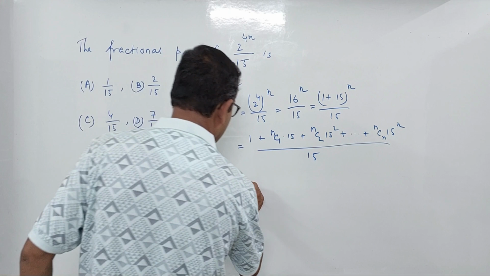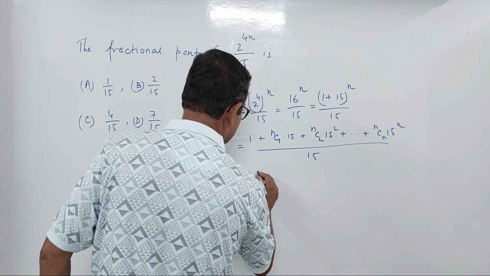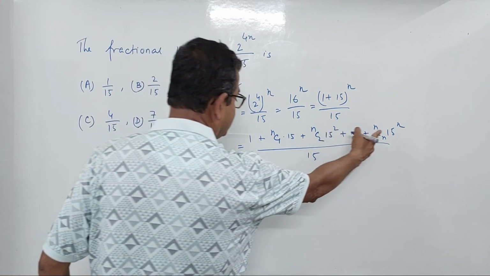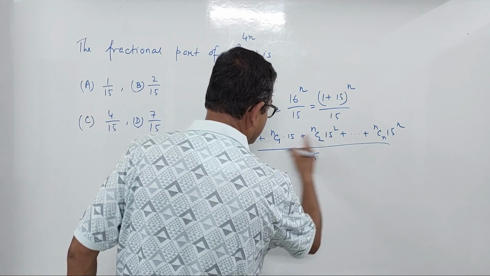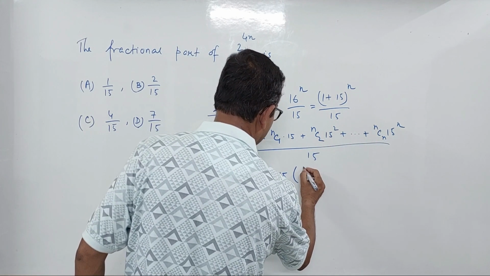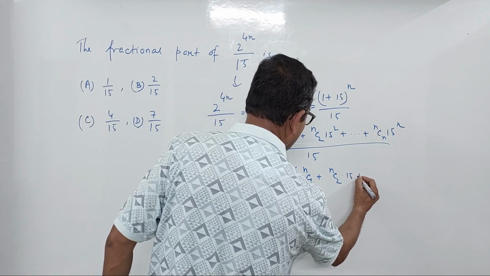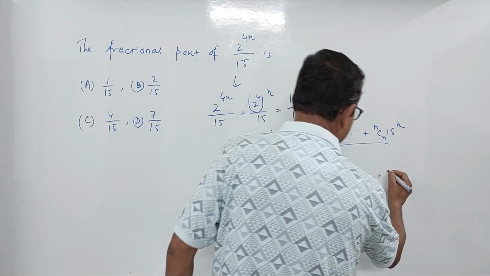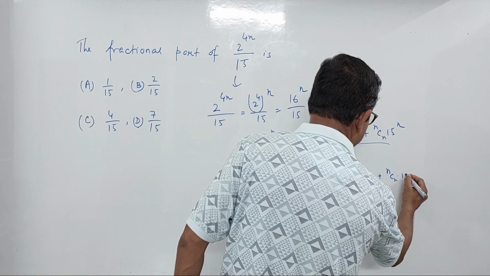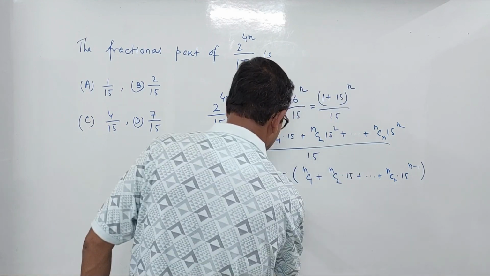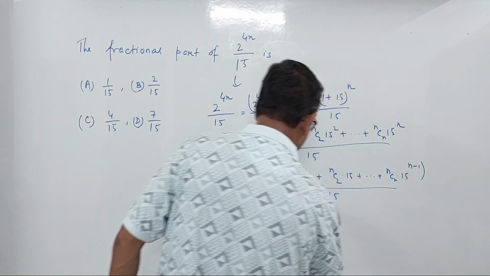Now we can write it in this way: 1 plus, we can take common 15 from the rest of the part, so we get 15 into nC1 plus nC2 into 15 plus ... plus nCn into 15 to the power n minus 1 upon 15.